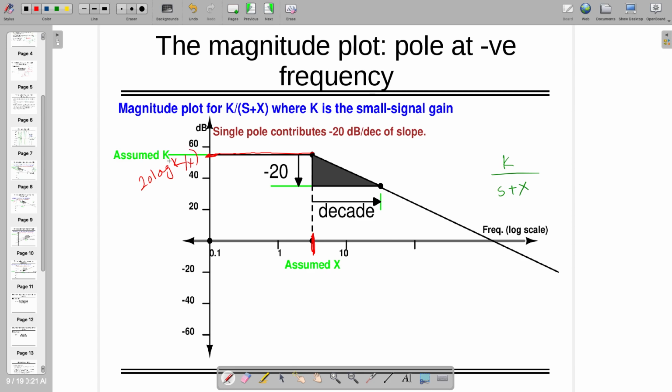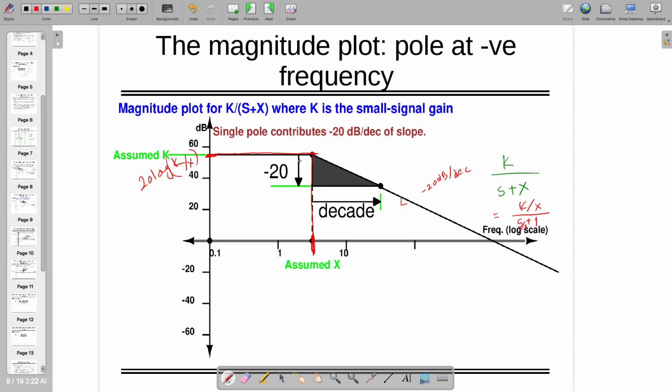It's 20 log k by x. In this case, it will be log k by x, because we have to write it in terms of tau s plus 1, if you remember, right? Afterwards, we are going to make another minus 20 dB per decade slope from the frequency of x.